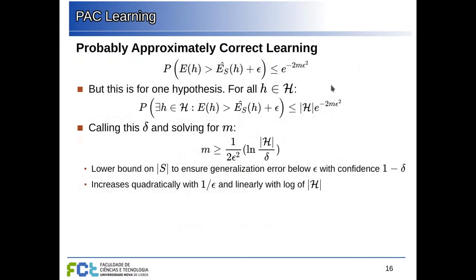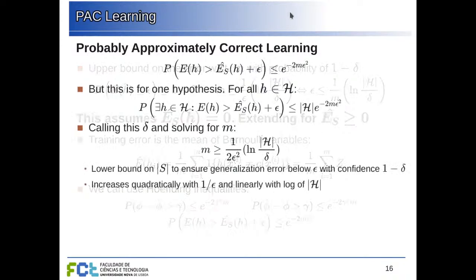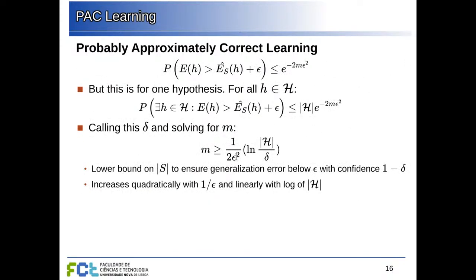And in that case, we basically get this expression here. So you can do the derivation, but the expression is similar. The only thing is that we get 2 epsilon squared here instead of just the epsilon, but the idea is the same. If we try to reduce the upper bound on the true error with some probability, then we need to increase the training set, or we need a smaller size of hypothesis class here.